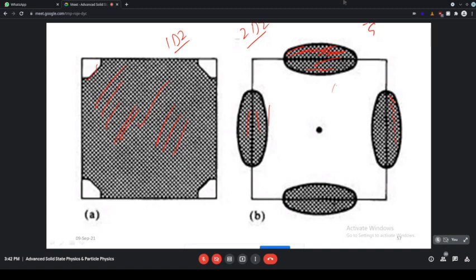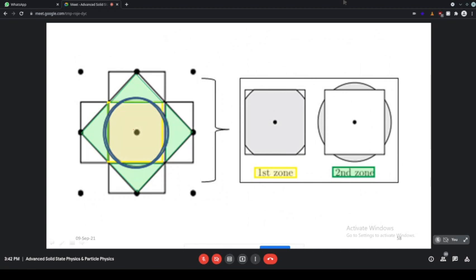Then this is the first Brillouin zone, the Fermi surface of the first Brillouin zone, which is filled but the corners are empty. And here these are filled but inside this is empty. Let us draw. This is the first Brillouin zone and these corners are empty. And here this is the second Brillouin zone and this much is occupied but this is empty. We can say this is the empty portion in the first Brillouin zone.